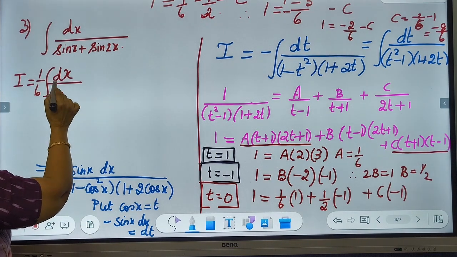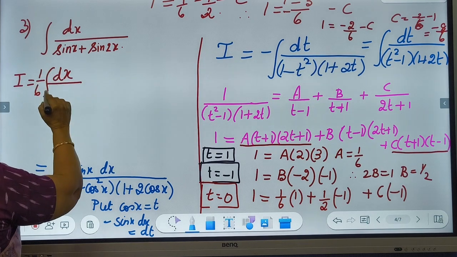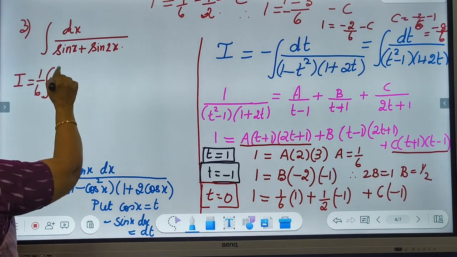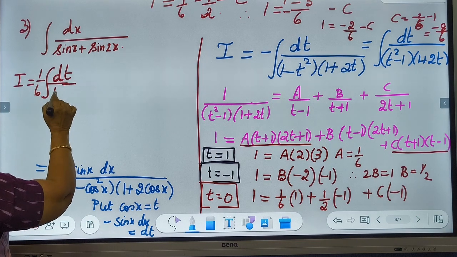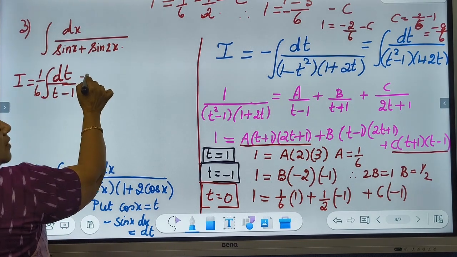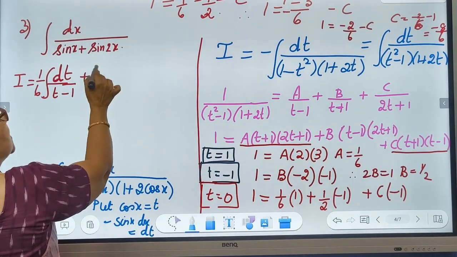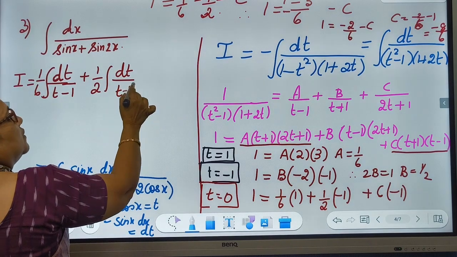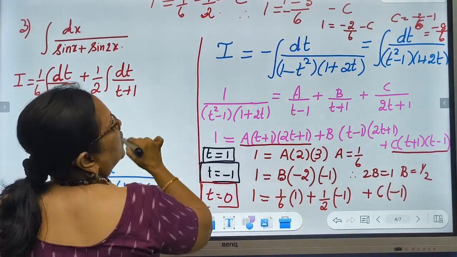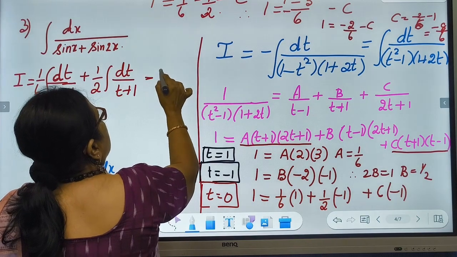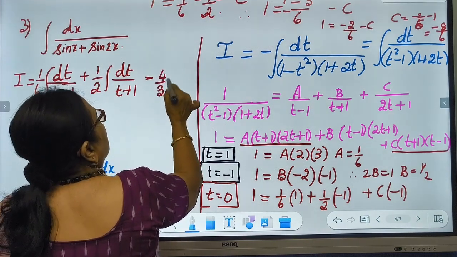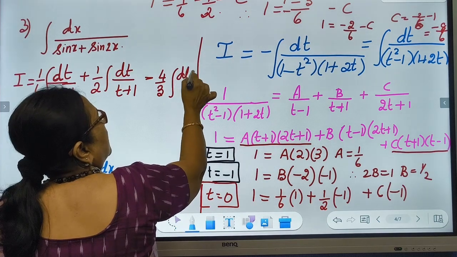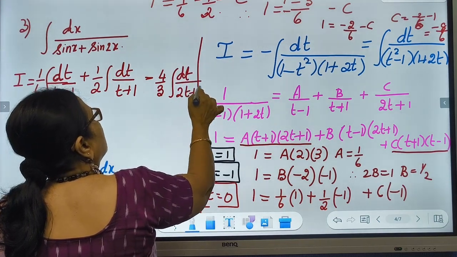First let me write in terms of t and then substitute: dt by (t minus 1). What is b? Plus half into integral of dt by (t plus 1). What is c? Minus 8 by 6, which is minus 4 by 3, into dt by (2t plus 1).